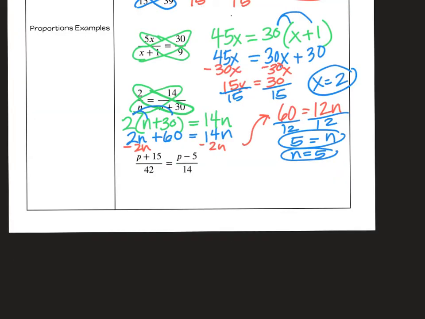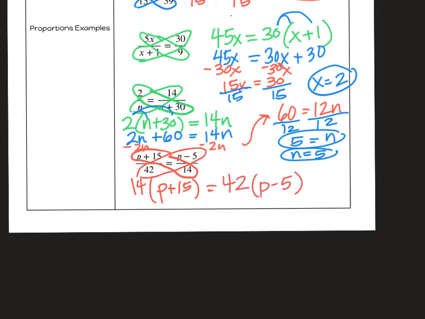All right, let's go ahead and do the last one on this front page. So we're going to cross multiply again. I need to put the 14 on the outside and the p plus 15 on the inside of the parentheses. And then I also need to do 42 on the outside of the parentheses and p minus 5 on the inside.